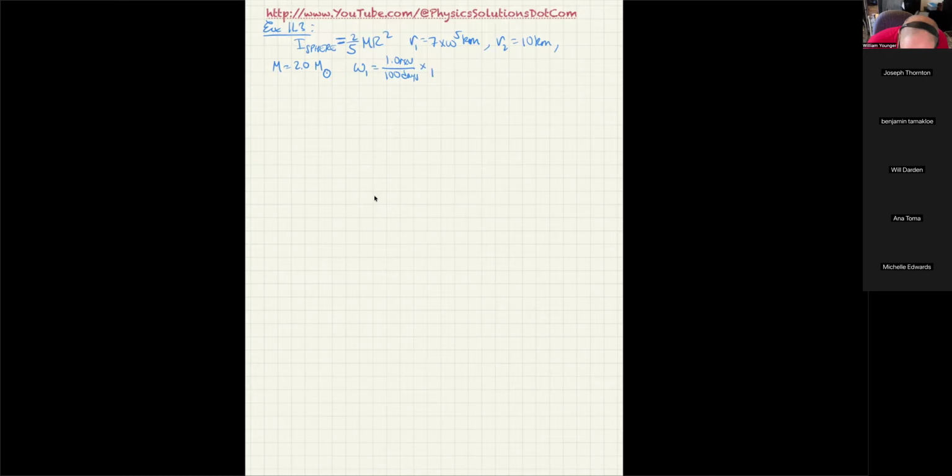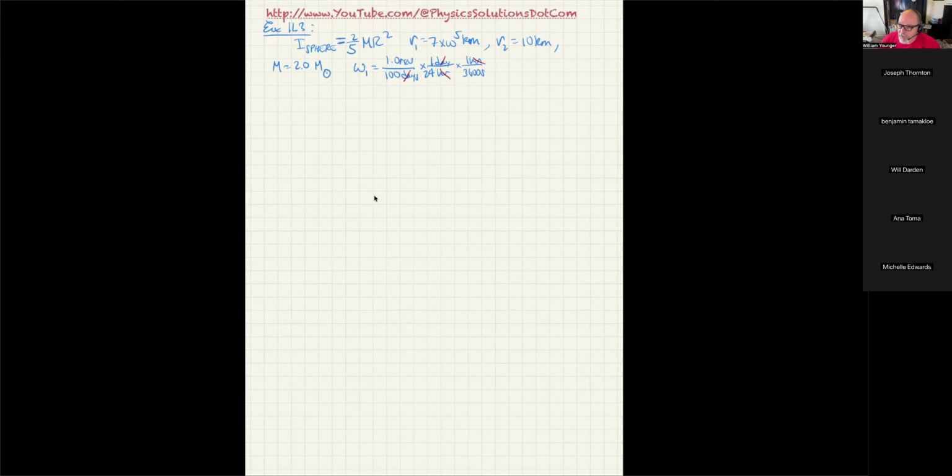So I'm going to say 1 day on top is equal to 24 hours, and 1 hour on top is equal to 3,600 seconds. So that's going to cancel out days with days and hours with hours, and give me revolutions per second, which is good enough for me.